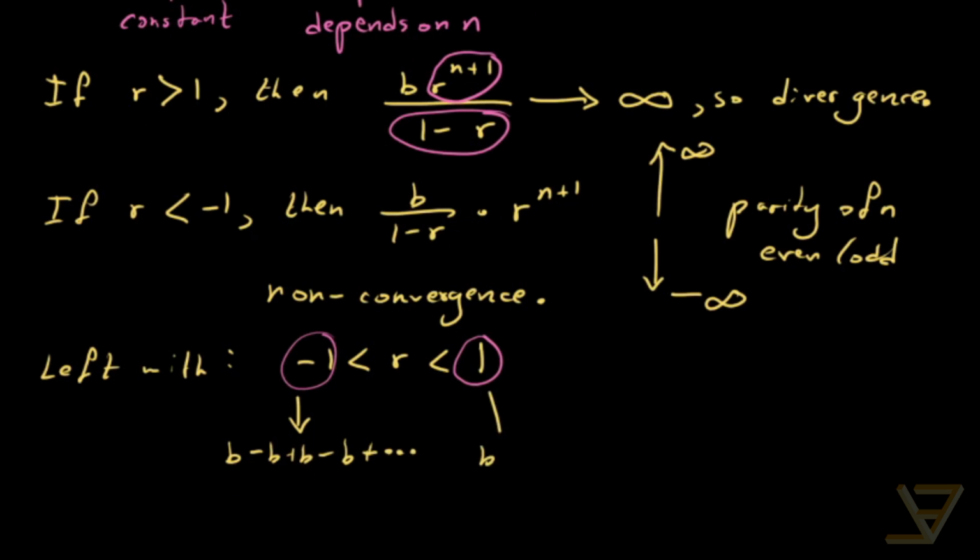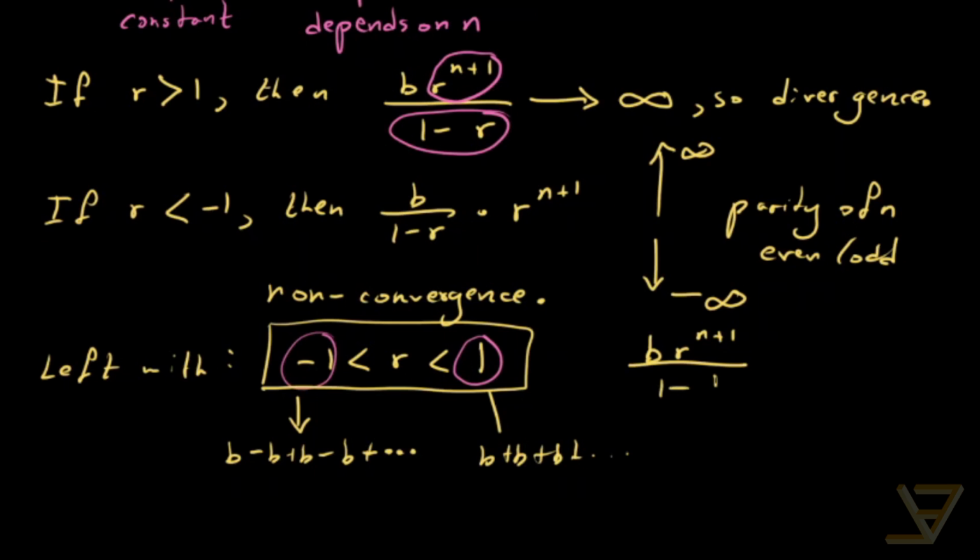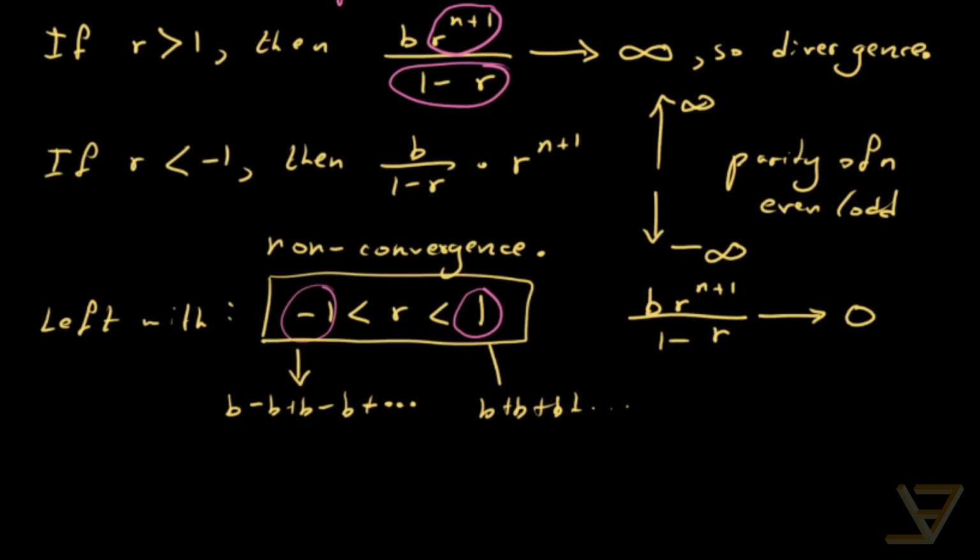And for this one we get b plus b plus b and so on, which also doesn't converge. So really we're left with this interval over here, and in that interval, b times r to the n plus 1 over 1 minus r goes to 0, which means what we're left with is b over 1 minus r, which was the first term.